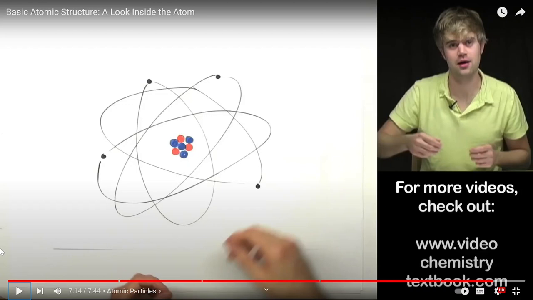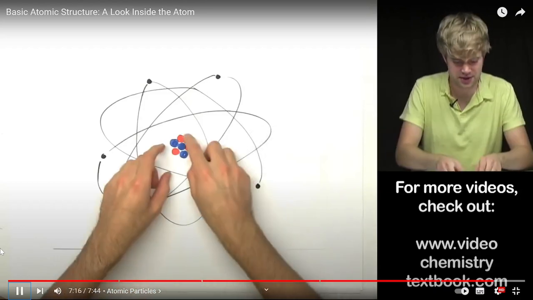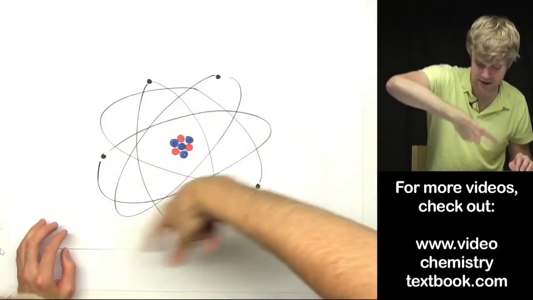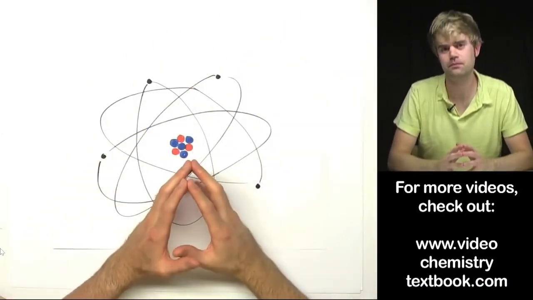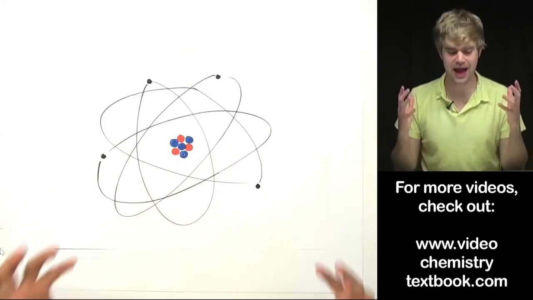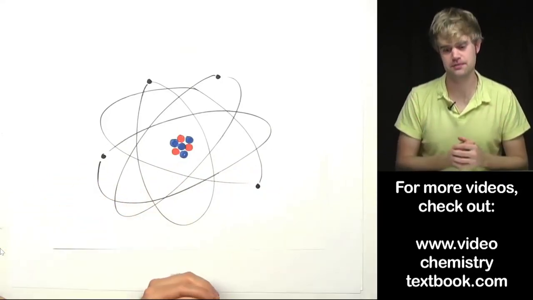Or actually, half a mile that direction, half a mile that direction. Crazy, yes? Just have this grape-sized nucleus, and a mile away would be the electron spinning on the outside. So that means that most of an atom is actually empty space.